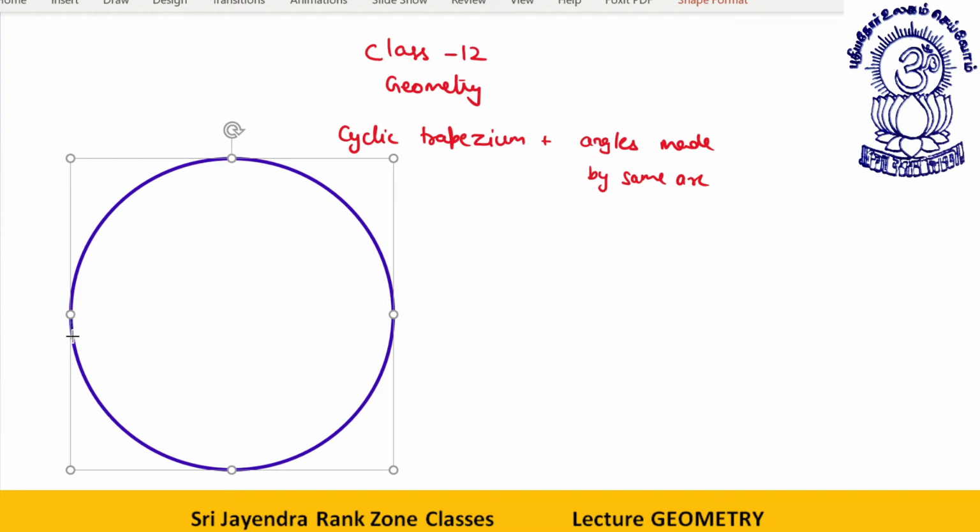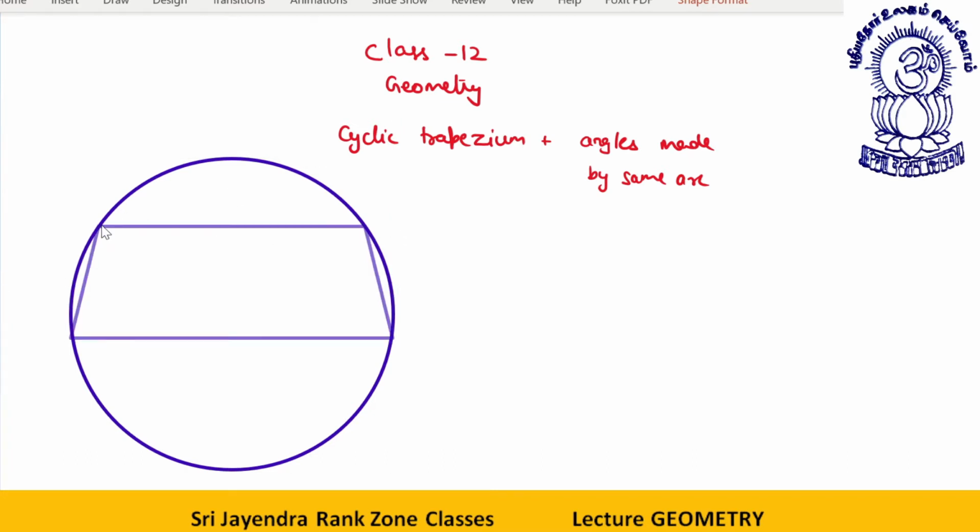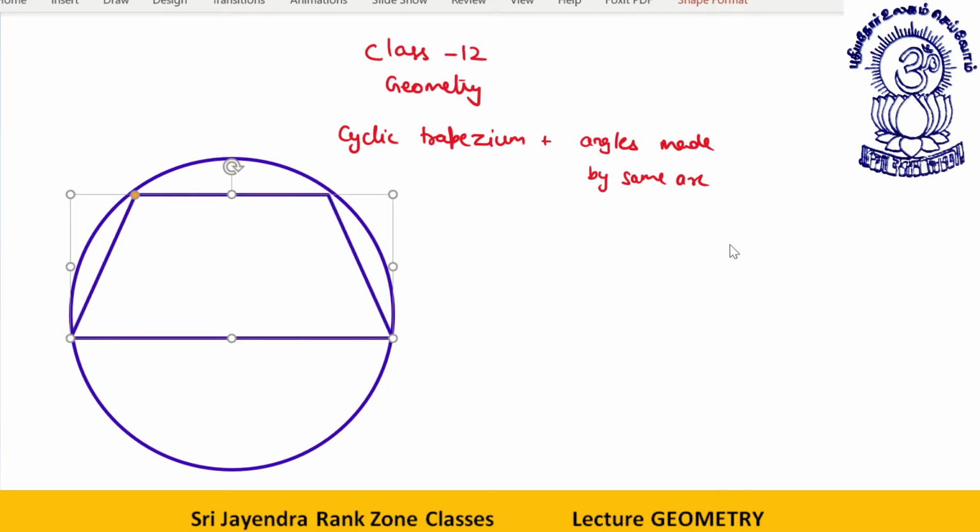See, suppose I join it like this from here to here. Then I take it upwards. Okay, dear students. Now I will be able to show it to you better. This is actually a cyclic trapezium. What is the special property of a cyclic trapezium? I will show it to you.